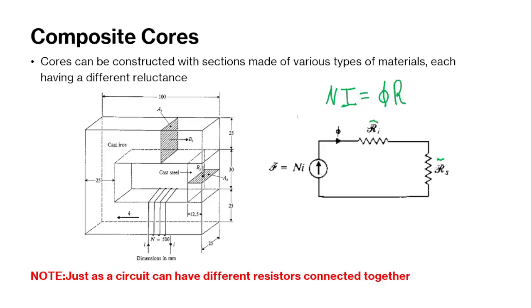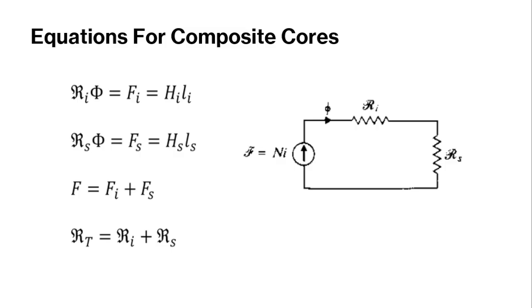Well, that's basically a summary of what we just did. So basically the same thing. You have phi_i, l_i, and then you have H_s, l_s, and you add the two together, and the same thing for the reluctances.